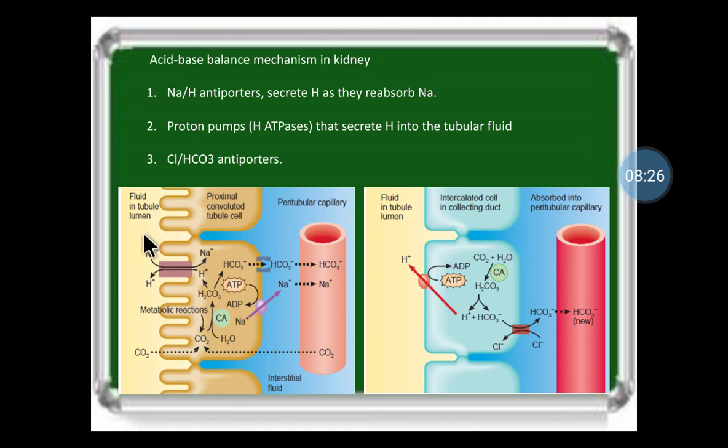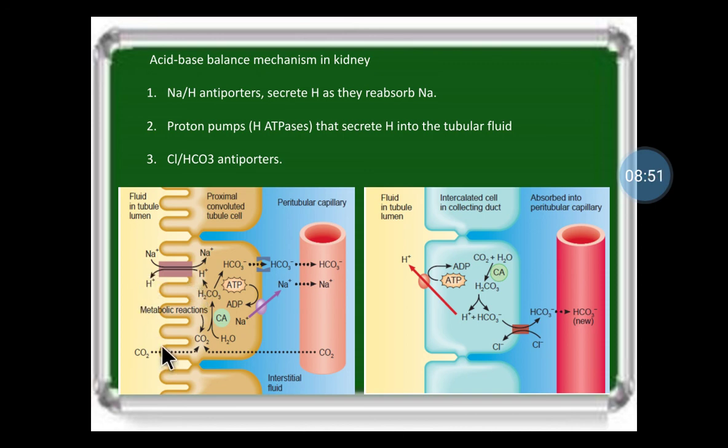See, this is the lumen of the renal tubule, and this is the peritubular capillary network, and this is the sodium and hydrogen antiporter. By this antiporter, the sodium is reabsorbed in the blood and the hydrogen is secreted in the tubule.